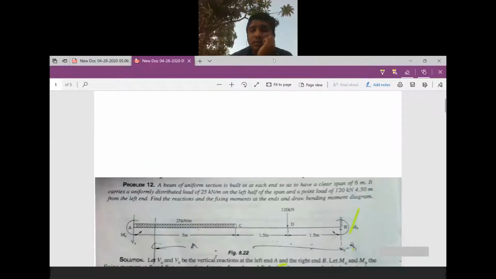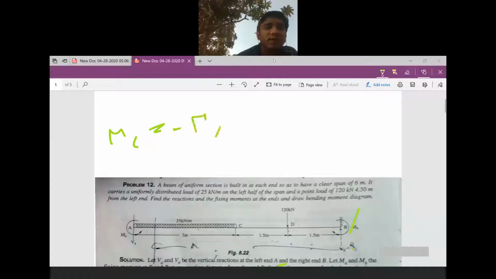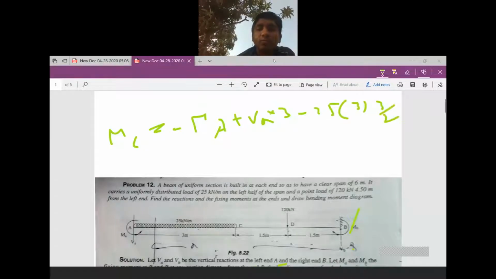When you calculate bending moment at C, that is MC, if I am calculating from the left side, you have minus MA plus VA into 3 meters minus 25 into 3 into 3 by 2. You will get the moment about C.